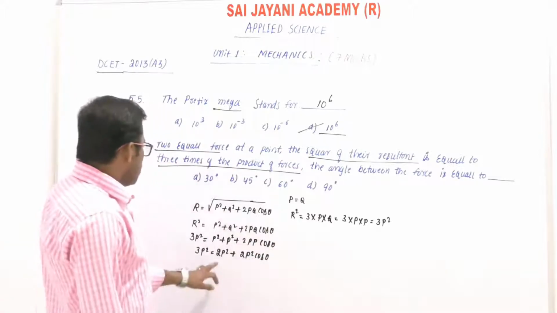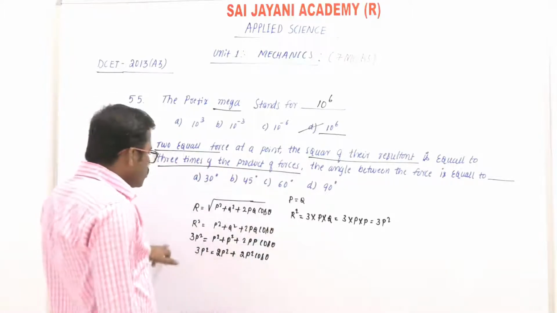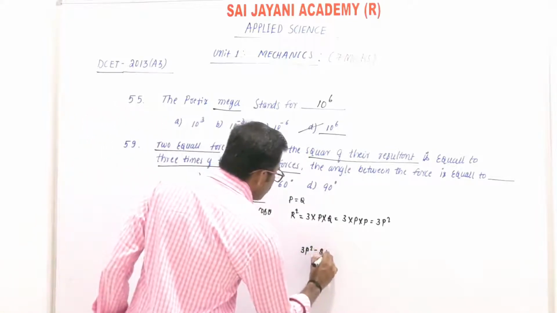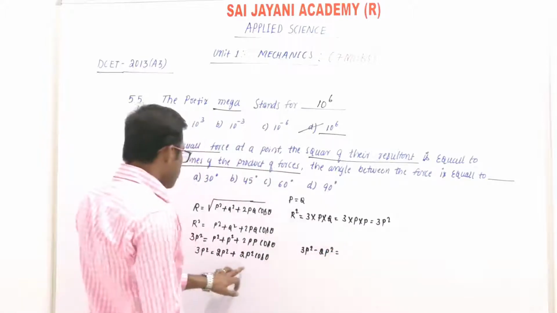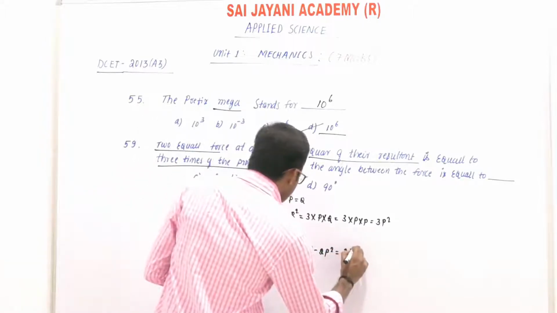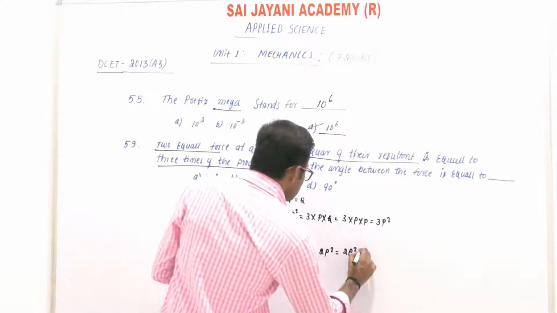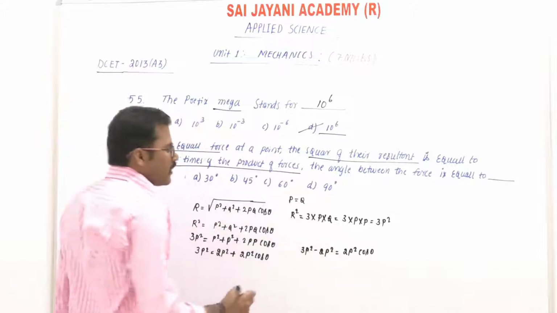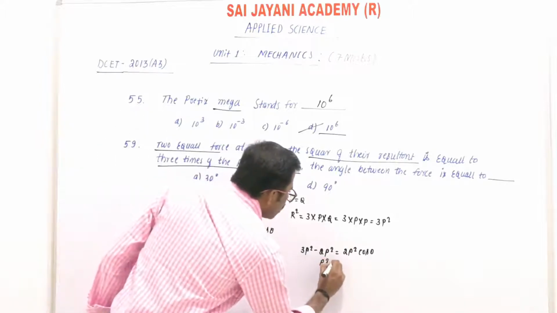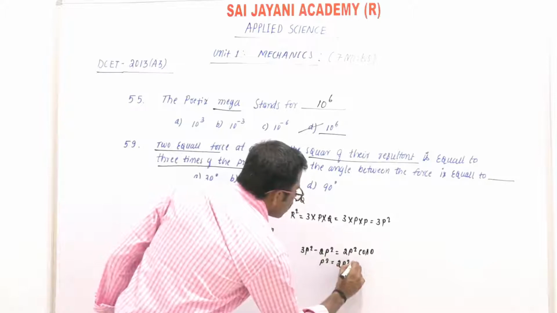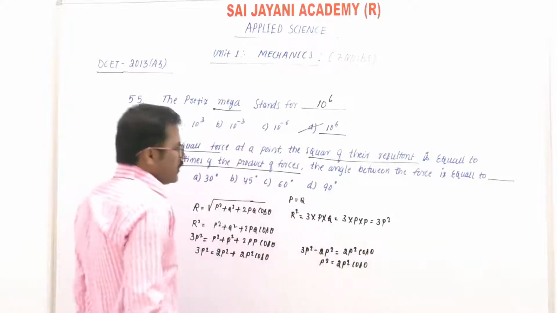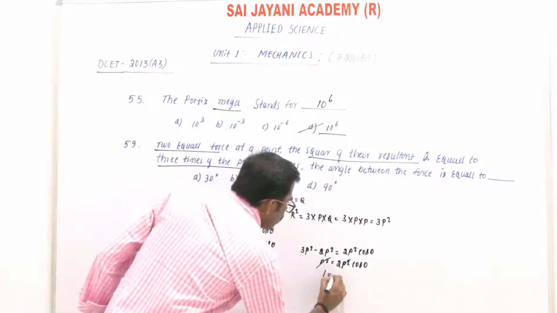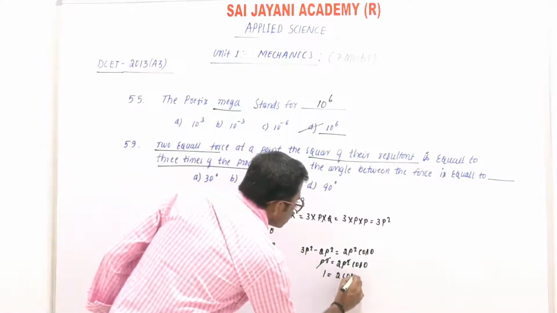I will shift 2P square to this side, then it becomes 3P square minus 2P square is equal to 2P square cos theta. Then P square gets cancelled. So 1 is equal to 2 cos theta.